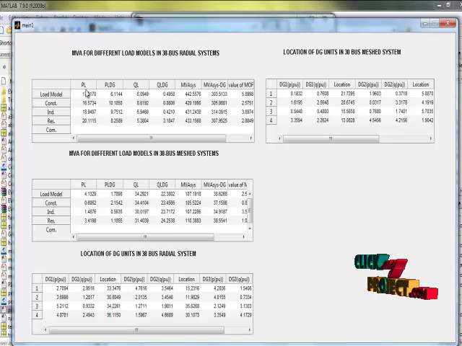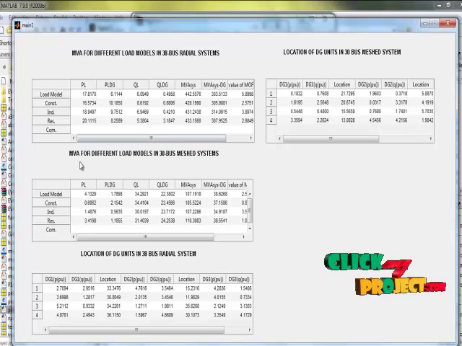Here PL means power load, and PLDG means power load with distributed generation. QL means reactive power, and QLDG means reactive power with distributed generation. Then megavolt ampere, and megavolt ampere with distributed generation. And finally the value of MOF. MOF means mode of frequency.